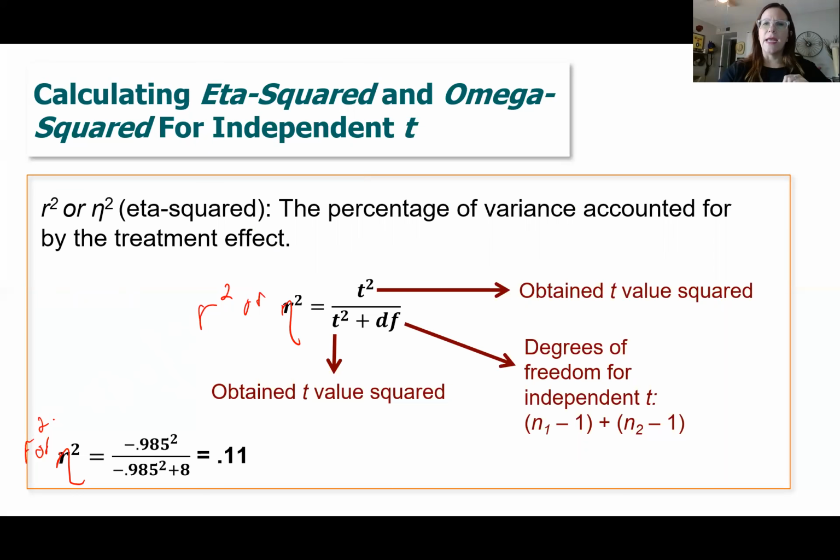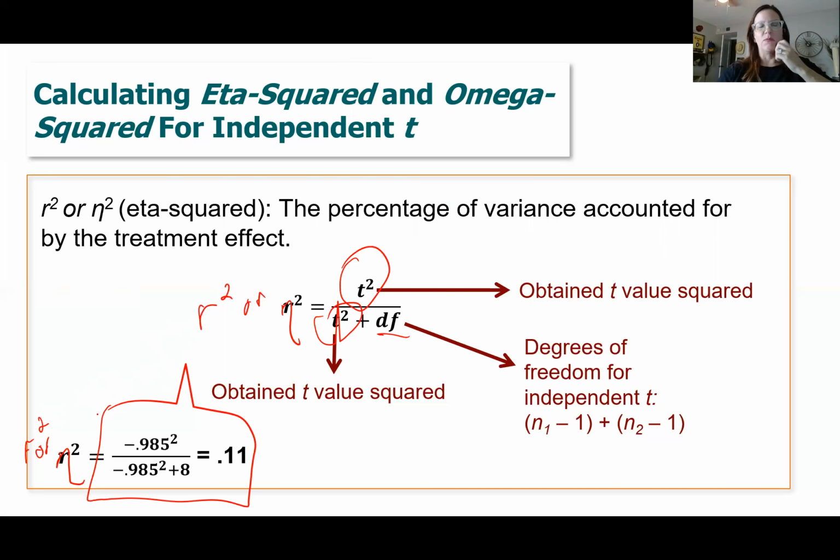Okay, and so what we do is we take our obtained test statistic and we square it. And then we divide by the obtained test statistic squared again, plus the degrees of freedom. So we end up looking like this. Remember, a negative squared is a positive. So if you're getting weird negative numbers, that means your calculator is holding that negative. Many calculators require you to enter it in a special way for the negatives to cancel.